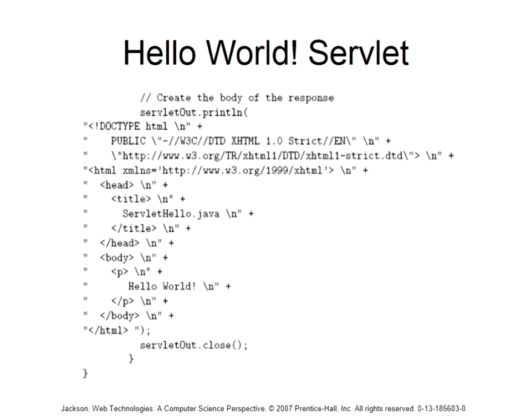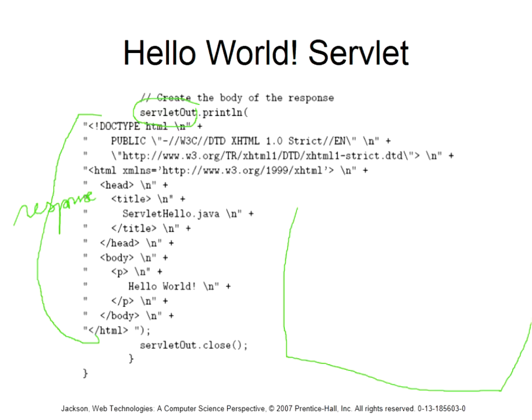So we will now use servletOut.println, and all this is the response. So here, for example, we will write DOCTYPE public, etc., HTML head title. So here in our response, what is the title when we display the response to this servlet?